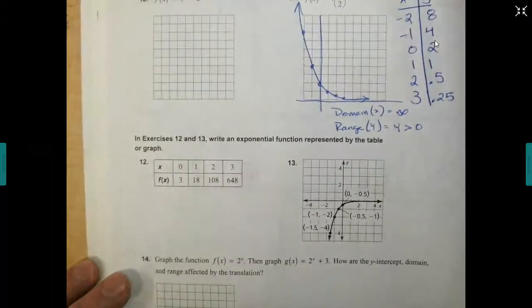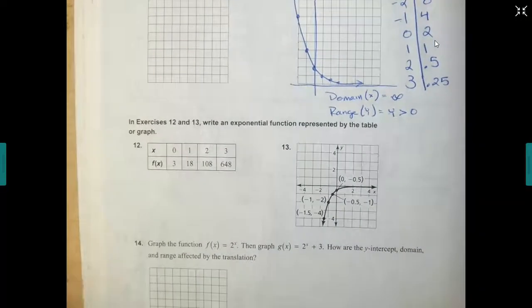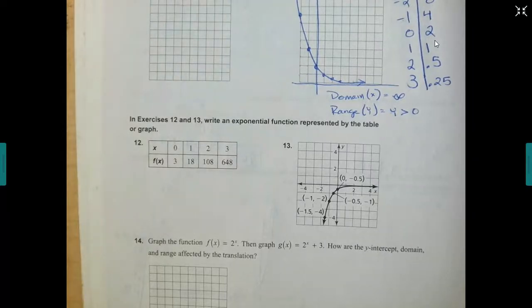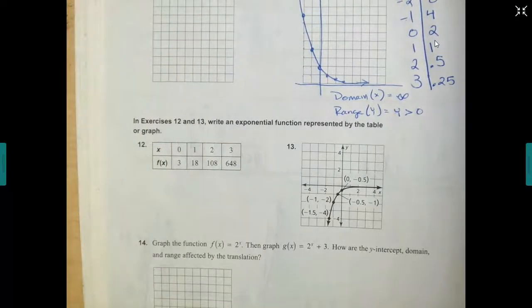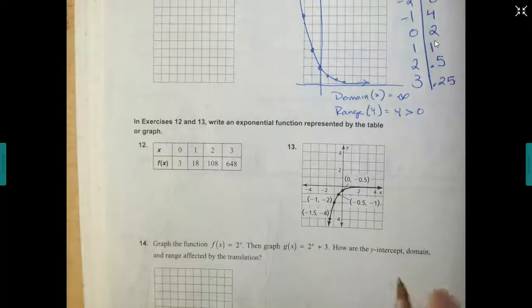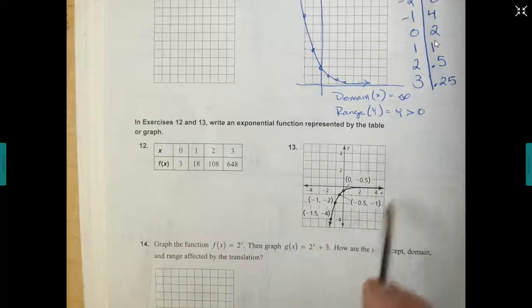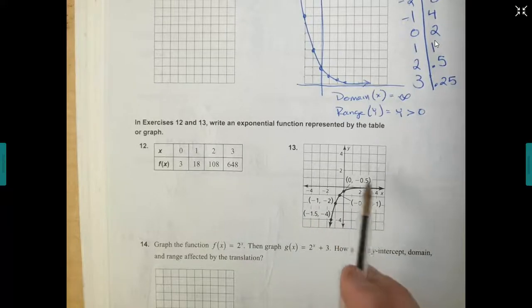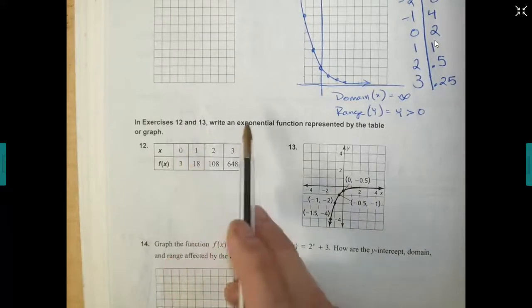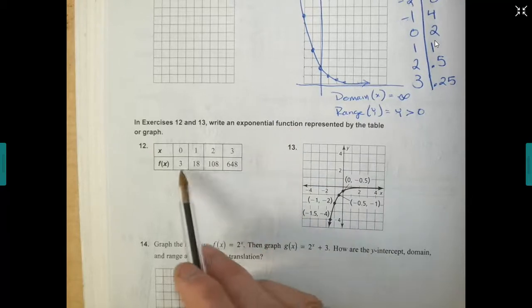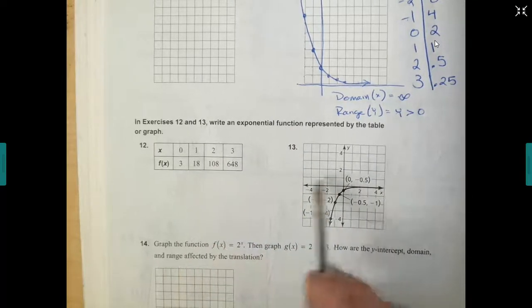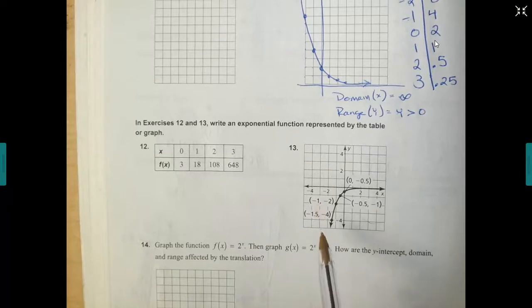All right. Let me show you this one, and then if you put these numbers in a table, you'll be able to answer for these ones. I'm going to show you how to write an exponential function from data from a table.